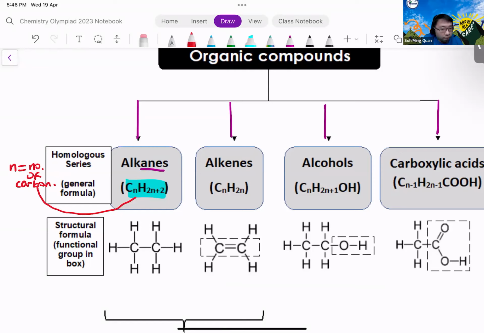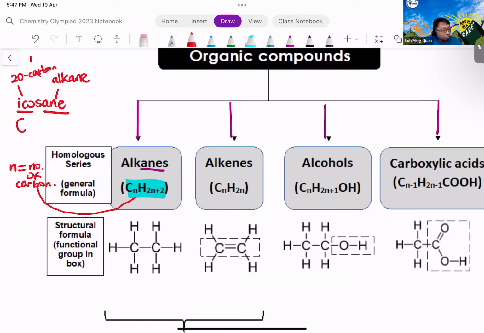So for example, if I say icosane is the name of the alkane, it ends in A-N-E, so you know it's an alkane. Now, ico means 20. 20 what? 20 carbon. So icosane is a 20 carbon alkane. It's an alkane that contains 20 carbon.